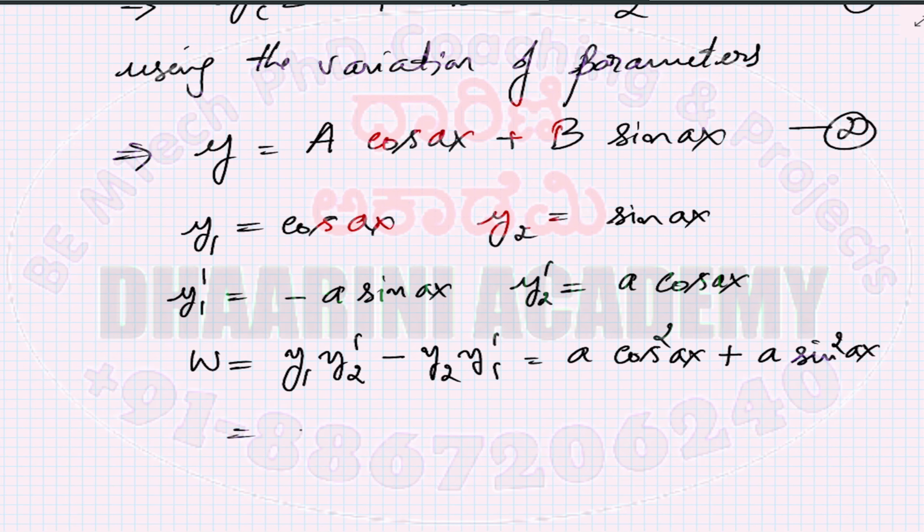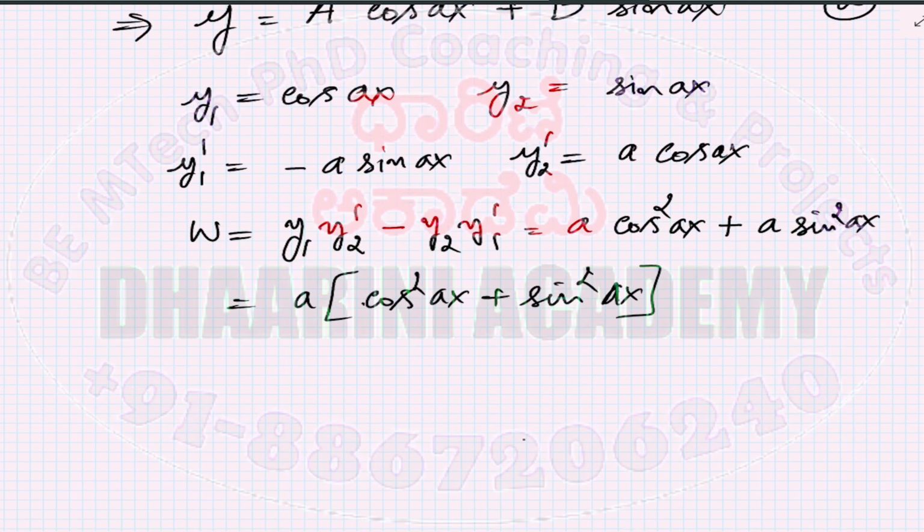So this can be written as a into cos squared ax plus sine squared ax. I know that cos squared theta plus sine squared theta is equal to 1. So W is simply a.